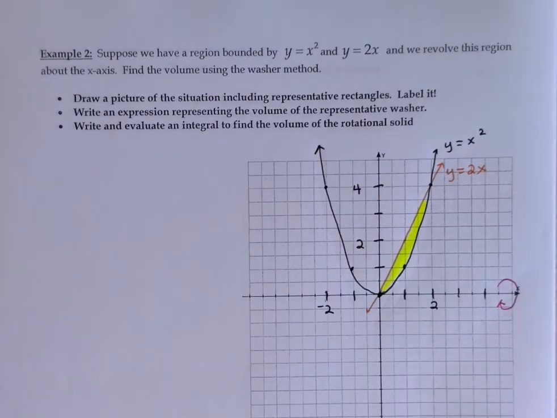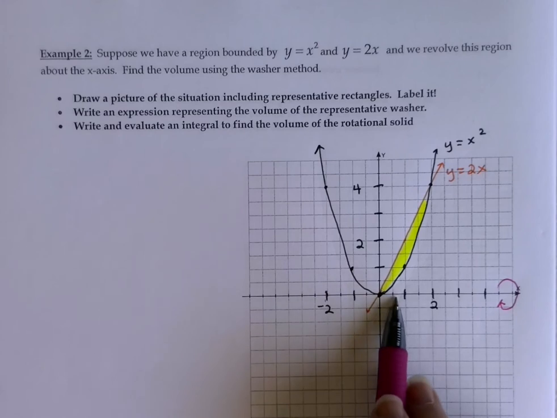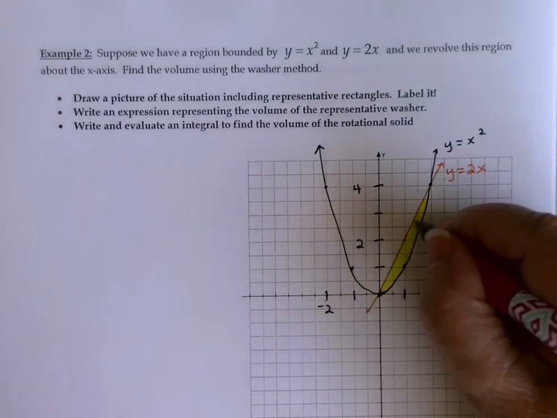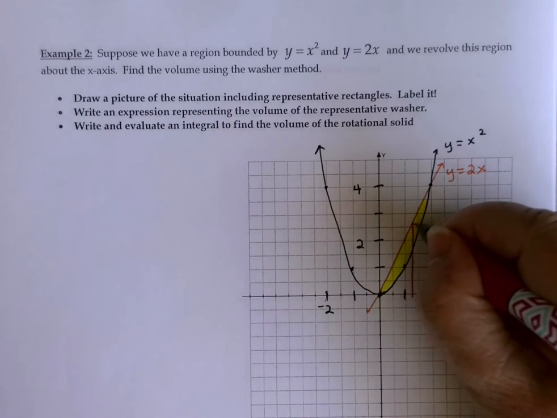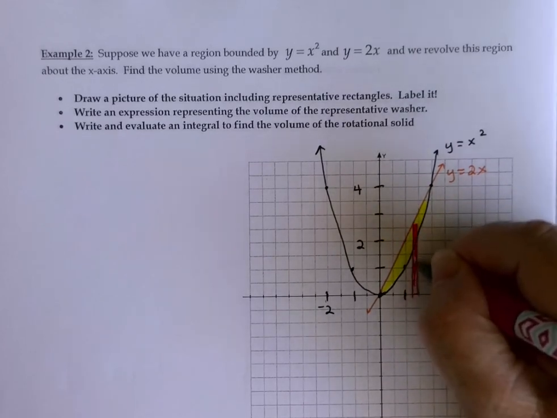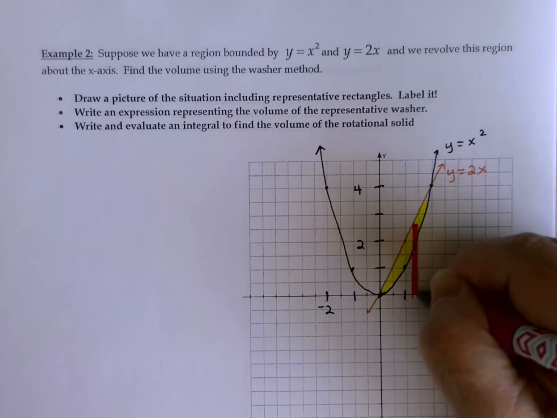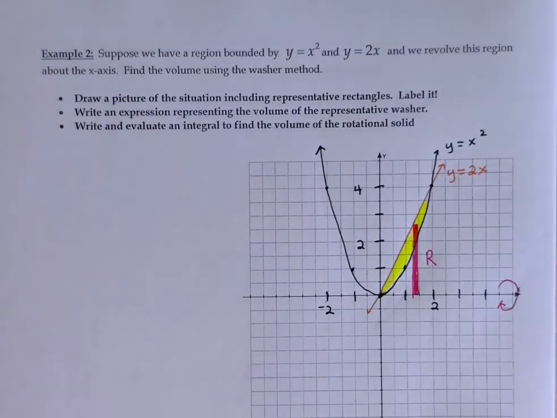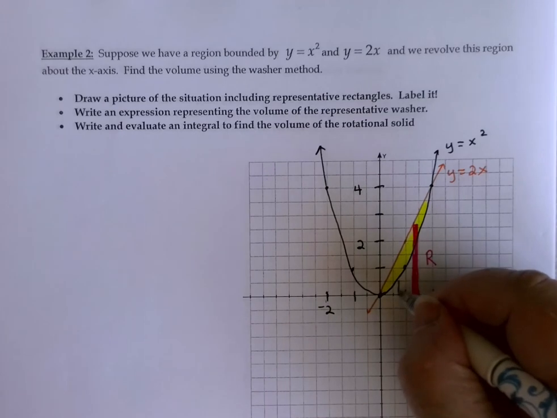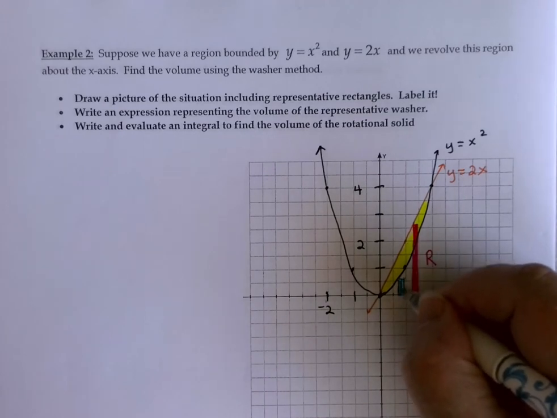All right, so we go with our usual idea. The representative rectangle needs to be perpendicular to the axis of rotation. So if I go from the x-axis to the further graph, capital R is going to go all the way up to the line. And then small r is going to go from the axis to the closer graph, the parabola.